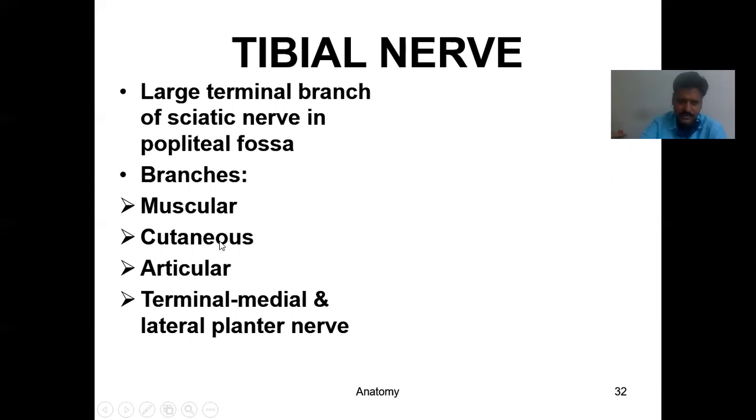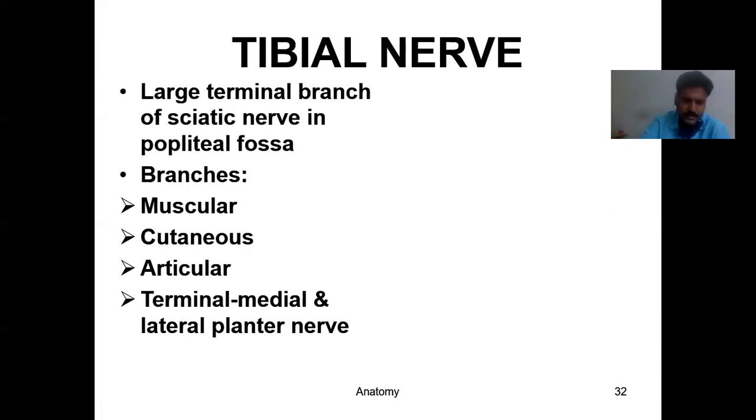After giving these branches, the tibial nerve passes underneath the flexor retinaculum, enters the sole and divides into medial and lateral plantar nerves. Among the muscular branches, the nerve to popliteus has special mention.